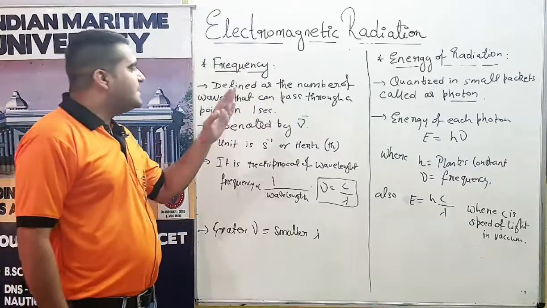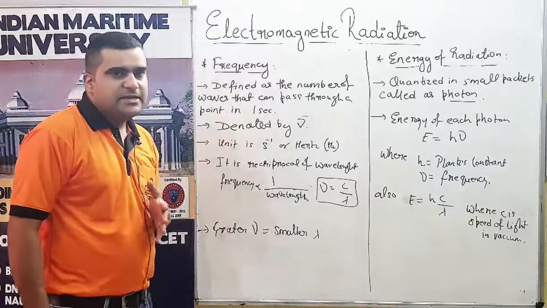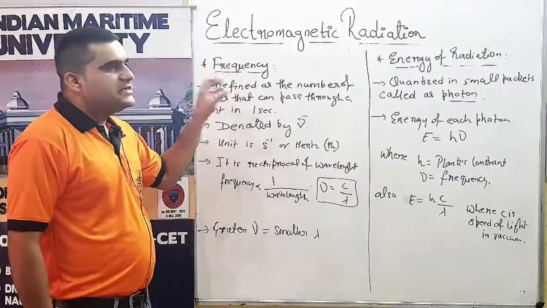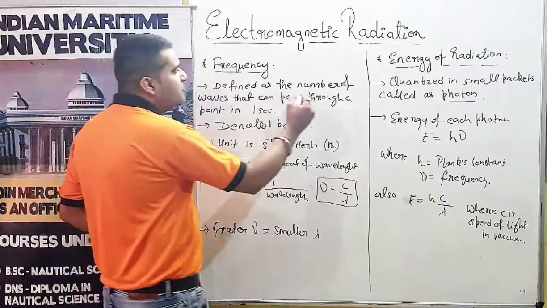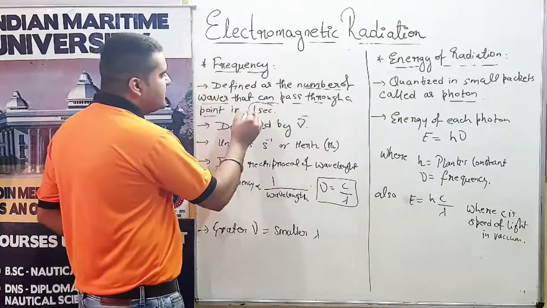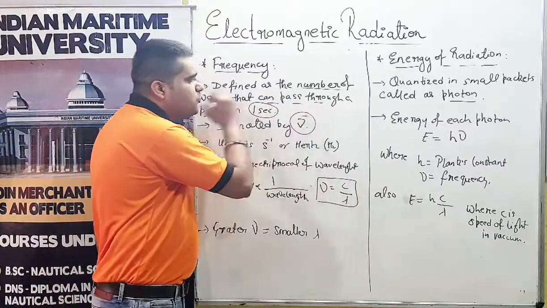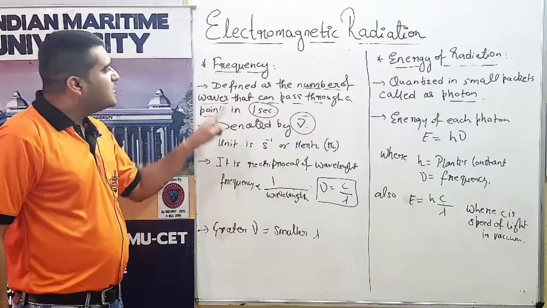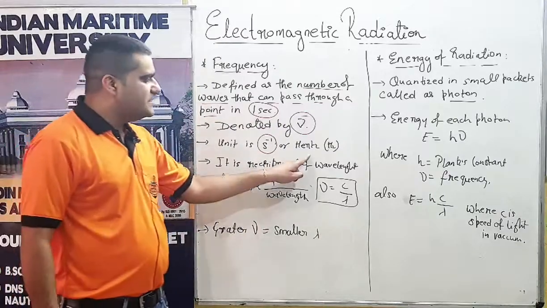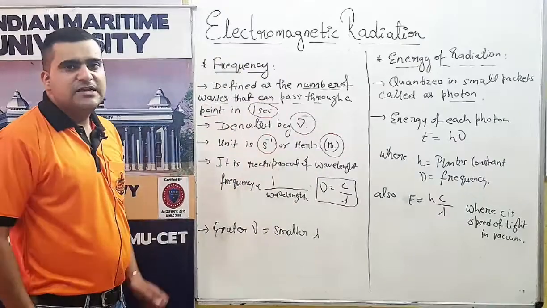Frequency is defined as the number of waves that can pass through a point in 1 second. 1 सेकेंड में किसी भी पॉइंट से कितनी वेव पास हो सकती हैं, that is called the frequency. It is denoted by mu. The unit of frequency is second inverse, यानी कि per second, and hertz, which is also denoted as Hz, capital H and small z.